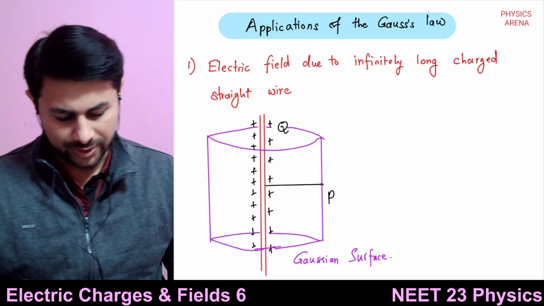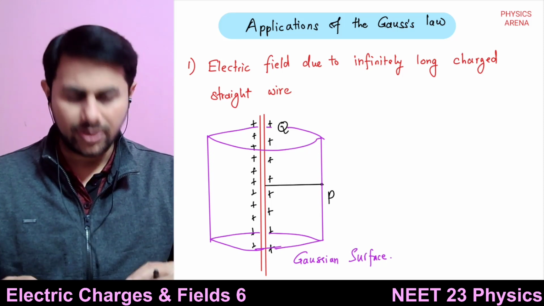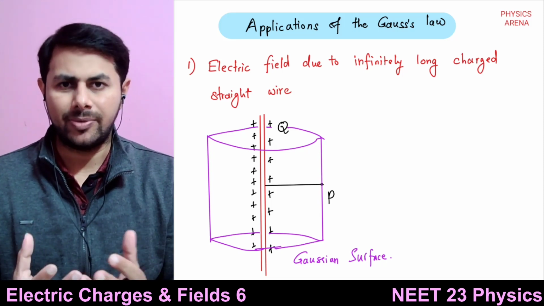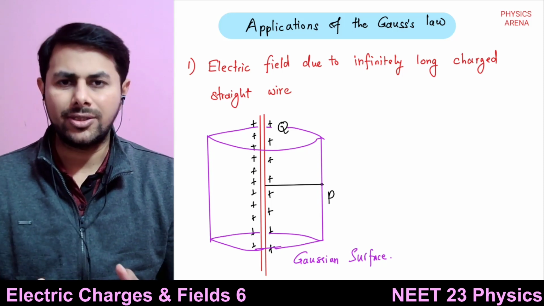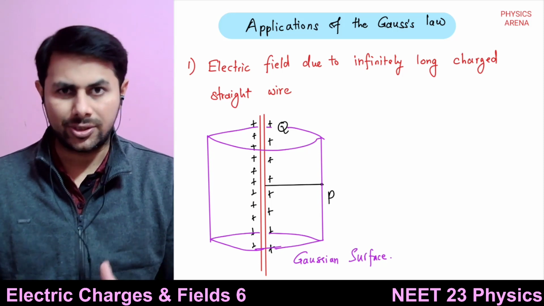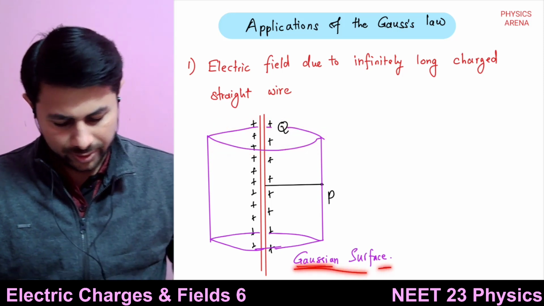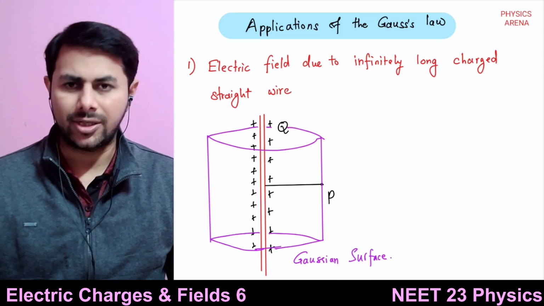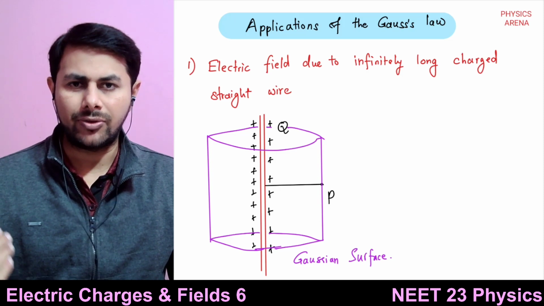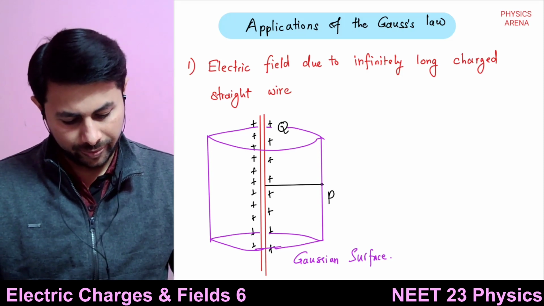This is Gauss's law. Gauss's law is applicable to closed surfaces. So to apply Gauss's law, we need a closed surface, and that's why we draw one. That surface is known as the Gaussian surface, because we are going to use Gauss's law.